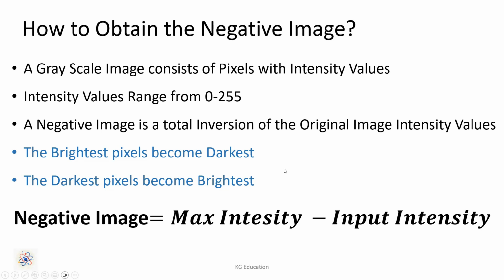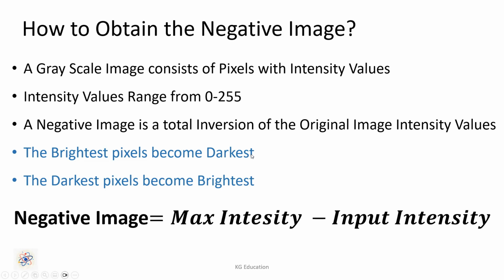As a formula for the negative image, first we have to find the maximum intensity value of the original grayscale image. Typically it becomes 255, but it is not always.